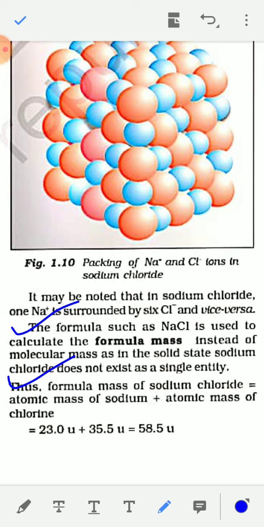The atomic mass of sodium is 23 u and the atomic mass of chlorine is 35.5. That is, the formula mass of sodium chloride will be 58.5 u. Okay, so basically formula mass and molecular mass are the same, but the term formula mass is used only for ionic compounds.